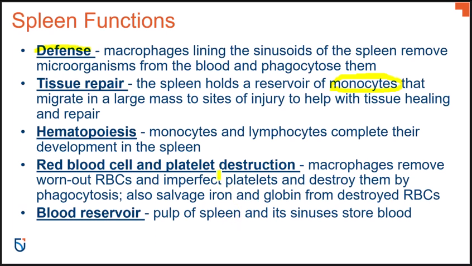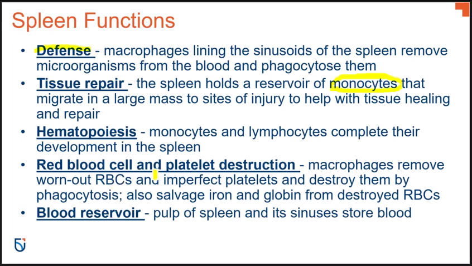Hematopoiesis, so monocytes and lymphocytes, some of them are going to complete their development in the spleen. So you're seeing a bit of a trend with that. Red blood cell and platelet destruction. Macrophages have this ability to phagocytose, as we know, but within the spleen, they can take up, as we've talked about before, red blood cells that are maybe not working too well, or they're older, or they're worn out.